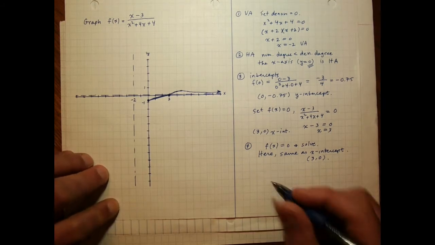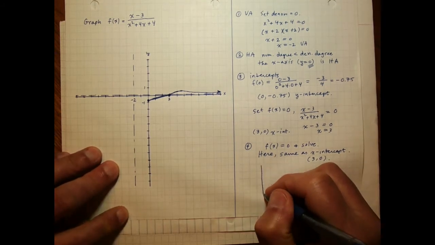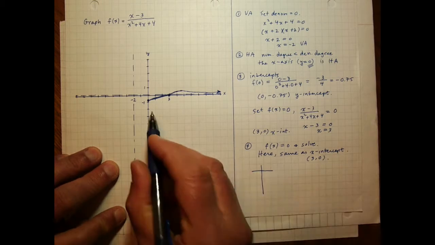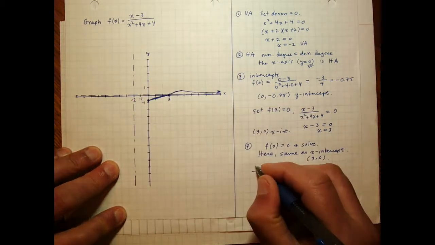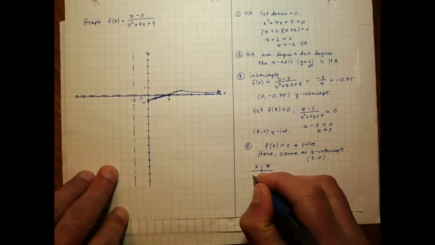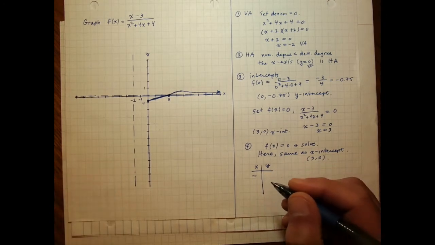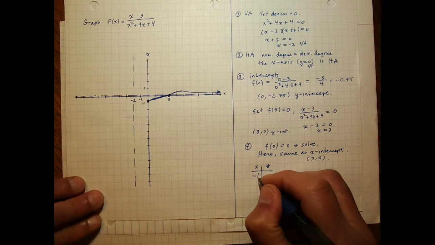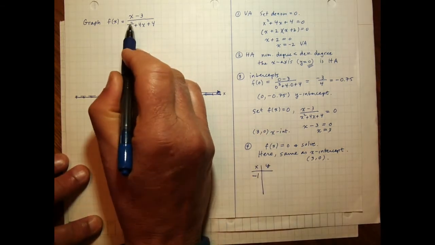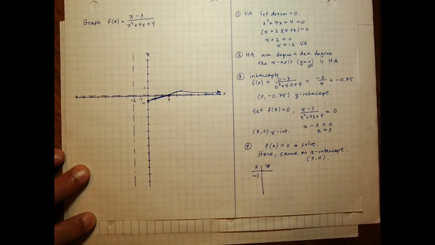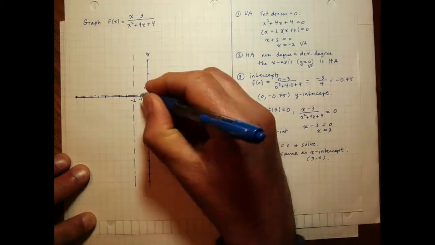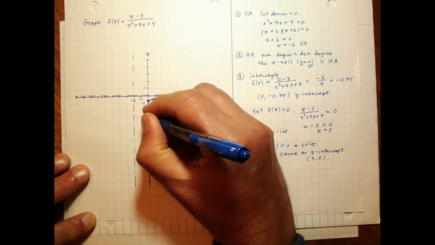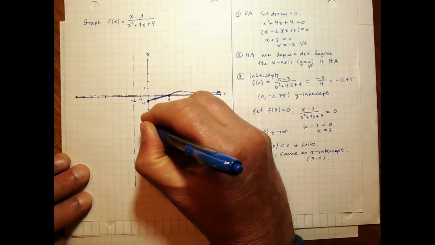In fact, I don't think it's that hard to plug in -1. If I evaluate the function at -1, f of -1, I did that ahead of time, is -4. -1, 1, 2, 3, 4 is right there.